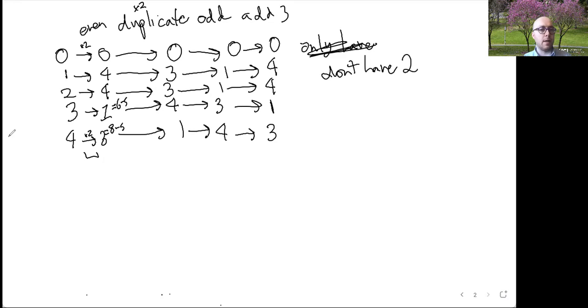Maybe another pattern that you could do is if it's even, you multiply by 2, and if it's odd, you add 2.